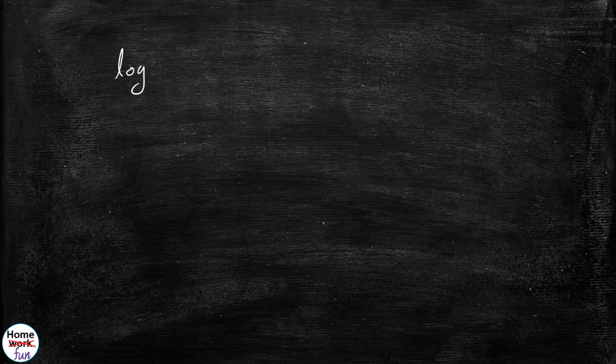Log of 8 with the base 2 equals what? Suppose we wanted to find the answer of that log. So again, we use the definition of the log, what this code means. Log means the base, which is 2, to the power of the answer of the log, which we don't know, equals what's in front of the log.